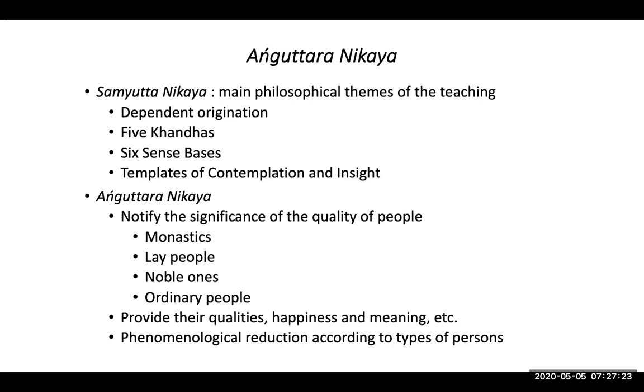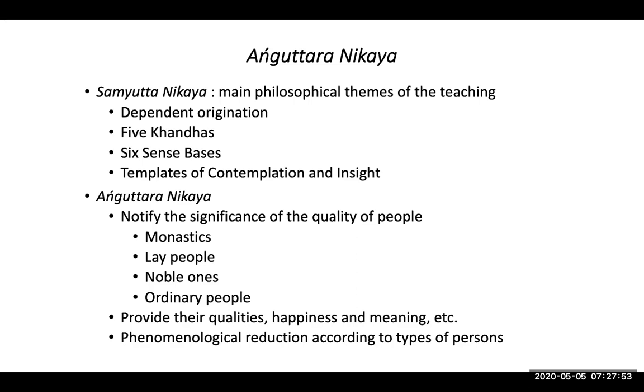Therefore, the Anguttara Nikaya became the inspiration and a major source for one of the books of the Abhidhamma Pitaka, which you will study maybe a couple of weeks later. The Abhidhamma Pitaka explores phenomenological reduction in order to survey types of persons as they relate to the values and goals of the Dhamma.